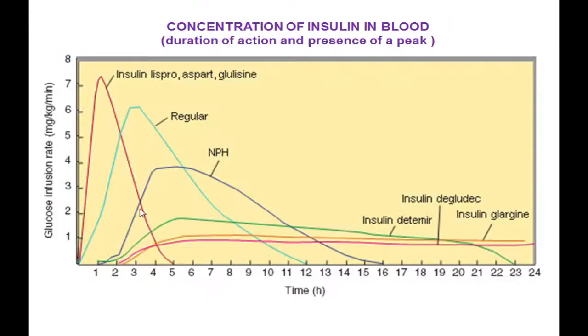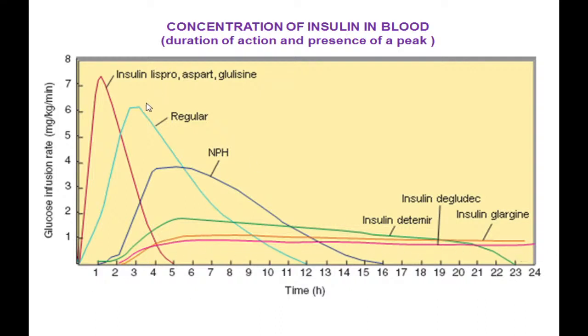Look, if this is regular, and this is an example of prolonged NPH, neutral protamine Hagedorn, with supplement of protamine acting longer. But this one acts shorter than regular. Short-acting and fast-acting insulins. And there are peakless insulins acting long.